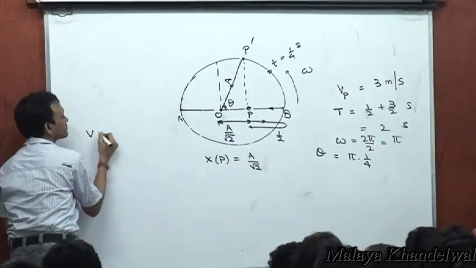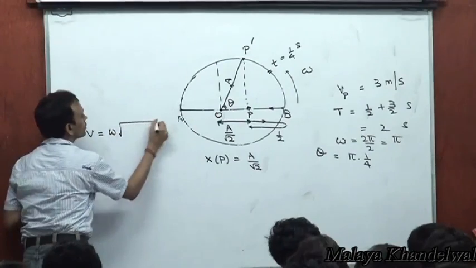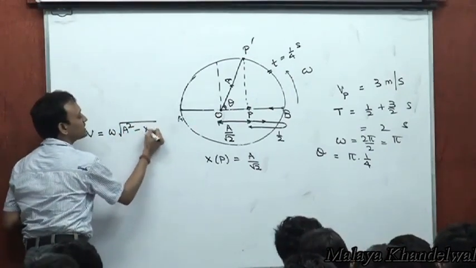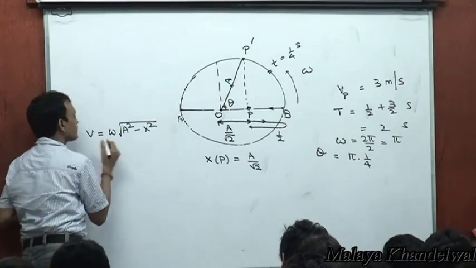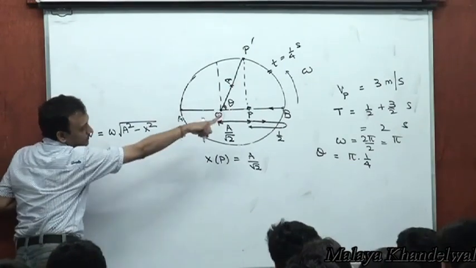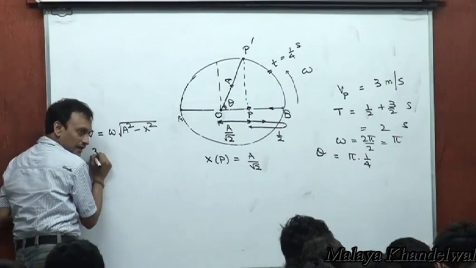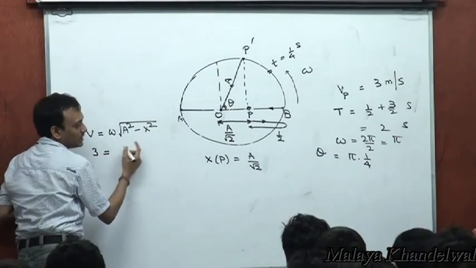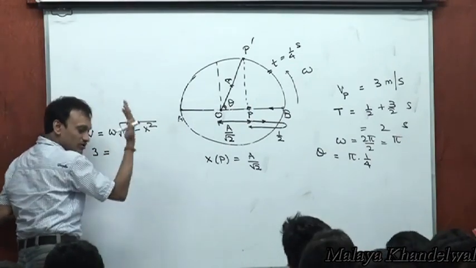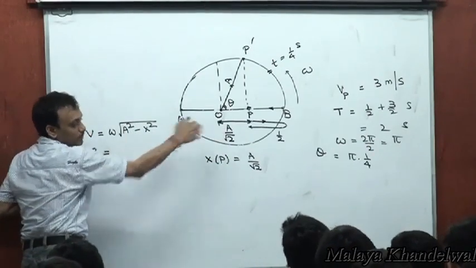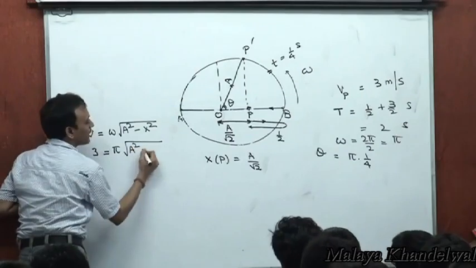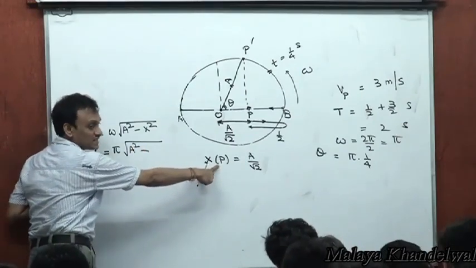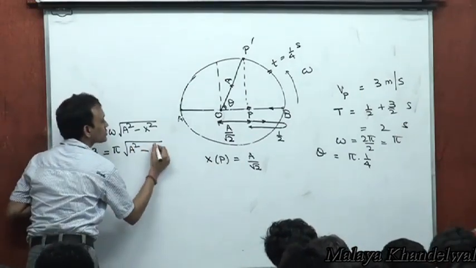And we know this result: V equals omega root A squared minus X squared, the speed at any given X. V at P is given to be 3 meters per second, and omega for the motion is pi radians per second. X for P is A by root 2, so A squared by 2.